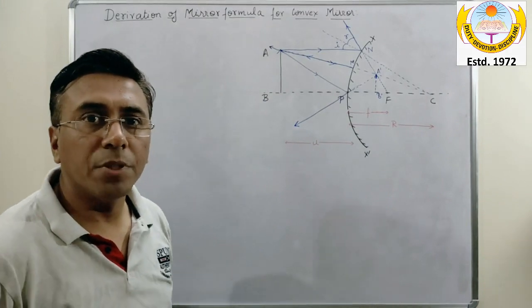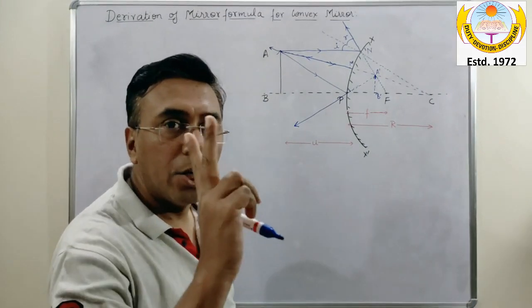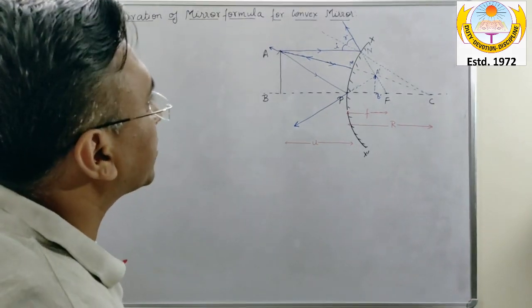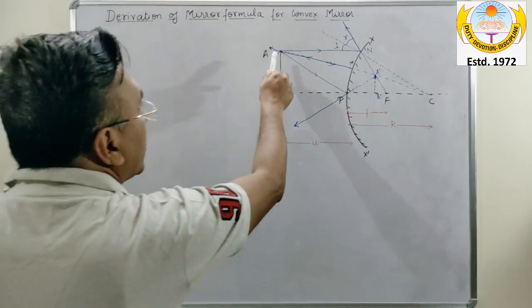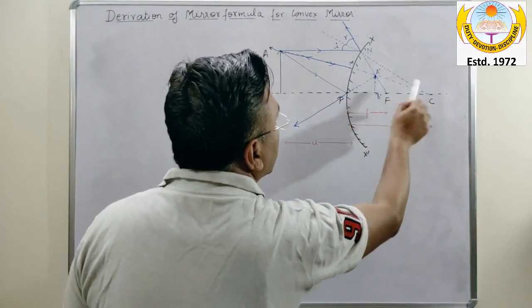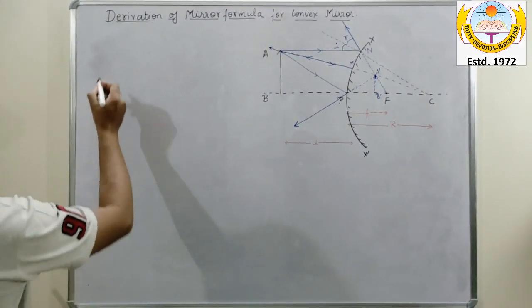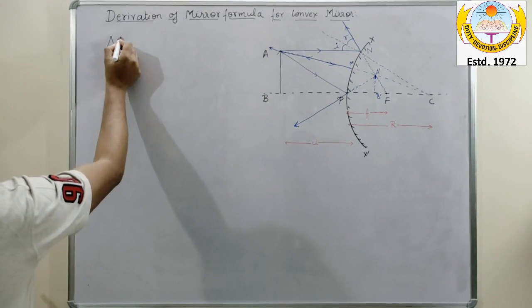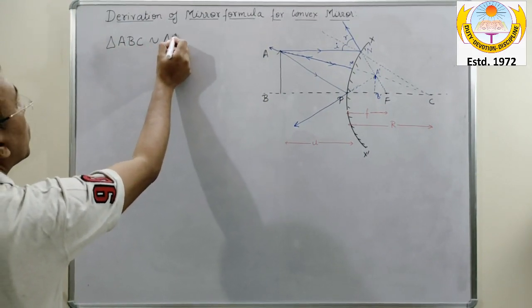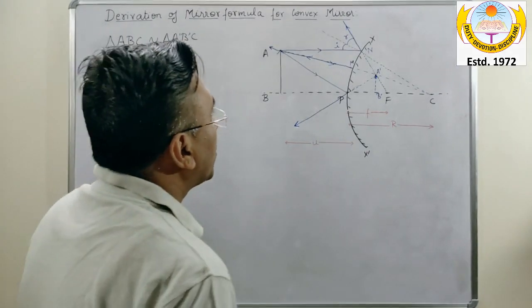Now from this ray diagram, you have to identify two sets of similar triangles. The first set which we can see over here is triangle ABC and triangle A dash B dash C. If you see, triangle ABC is similar to triangle A dash B dash C. See how it is similar?